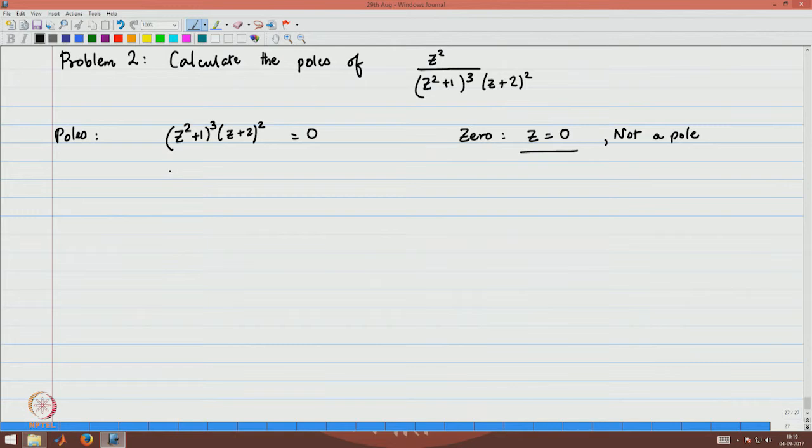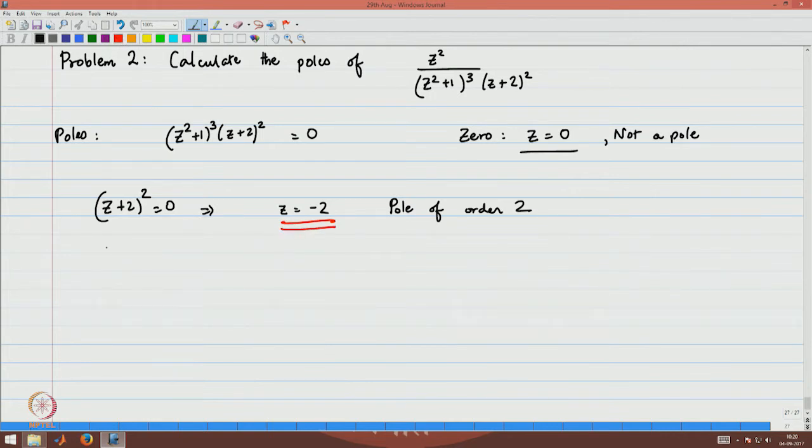If the denominator equals 0, we will see how many possibilities there are. (z plus 2) whole square equal to 0 implies z equal to minus 2. This is a pole of order 2. So that is one possibility.